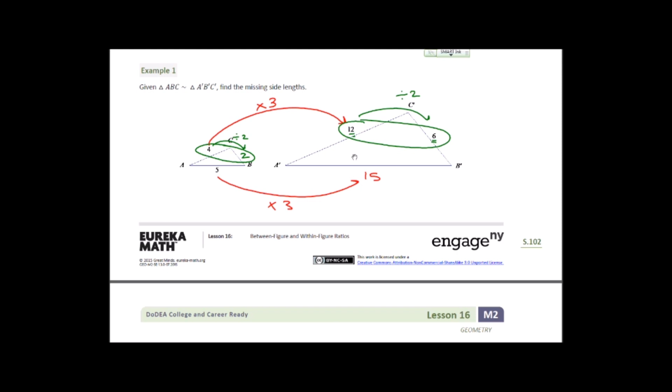Now the point is that you can use either between figure ratios or within figure ratios. Many students will just look at it and their brain will find the easiest way to find that solution. But you can use either way, either by using this scale factor method or by setting up a proportion.